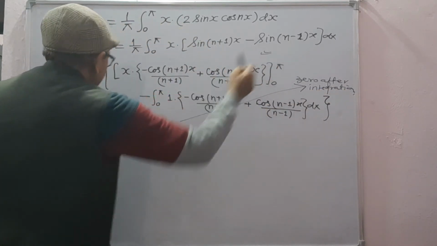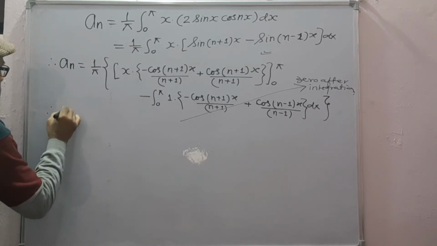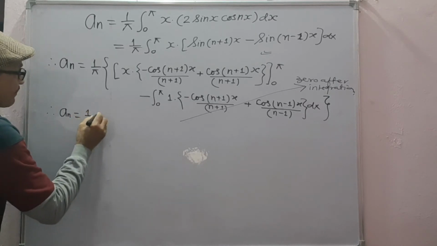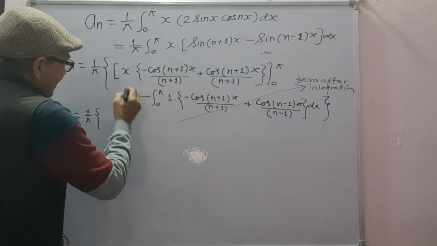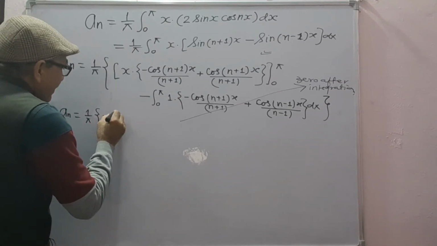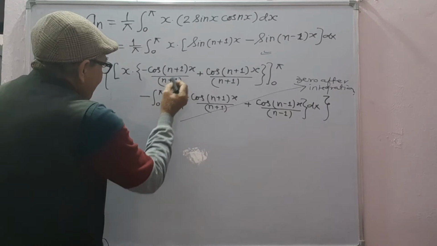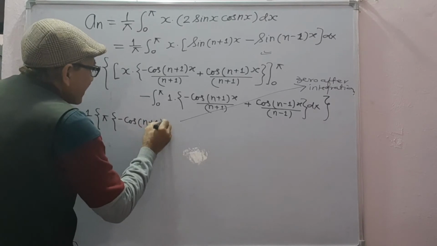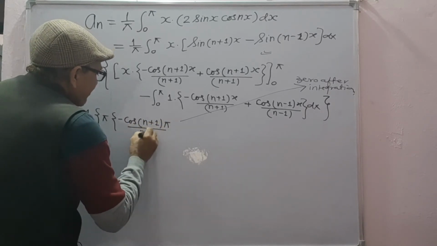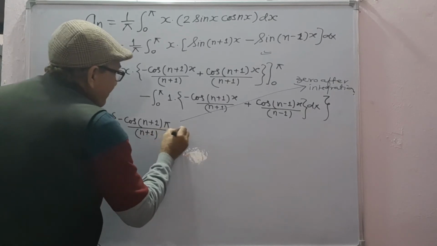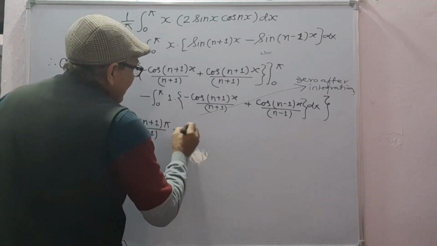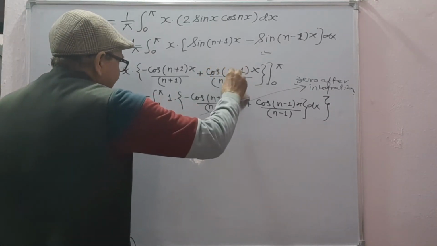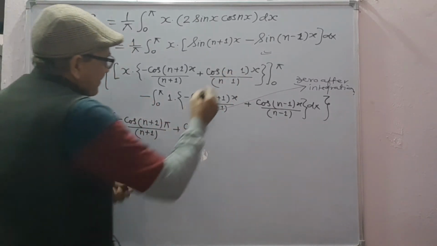So first term only remains, we get an is equal to 1 upon pi, upper limit pi into minus cos n plus 1 pi upon n plus 1 plus cos n minus 1 pi upon n minus 1.